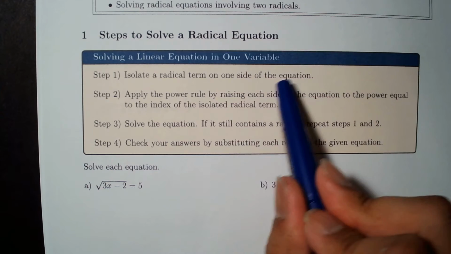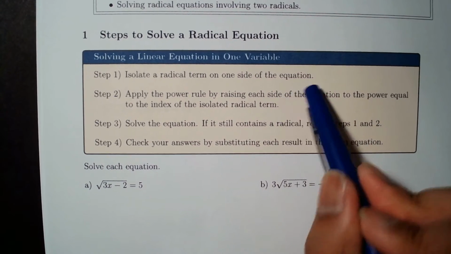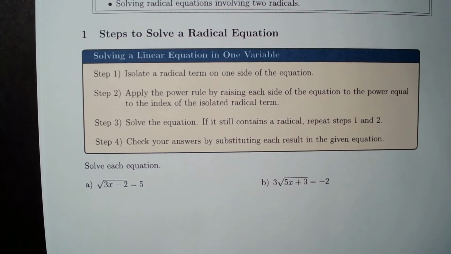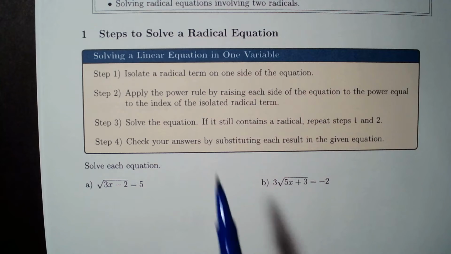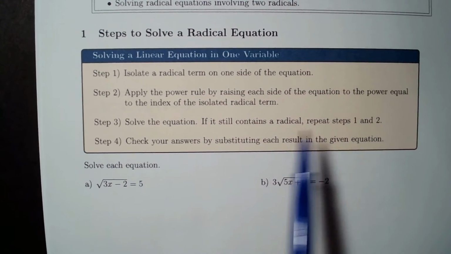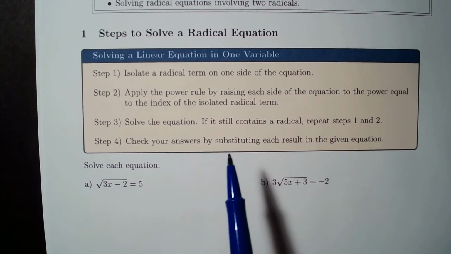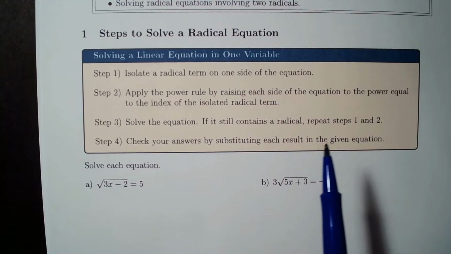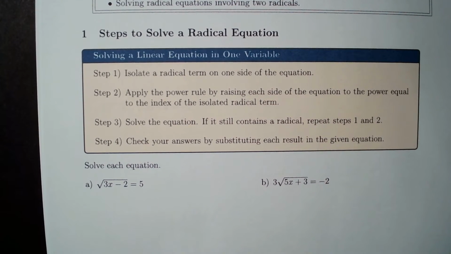That's how we essentially solve the equation and get rid of the radical symbol. After doing that, we're left with an equation that contains no radicals, or it may still contain a radical. And then in the end, we need to check our answers.